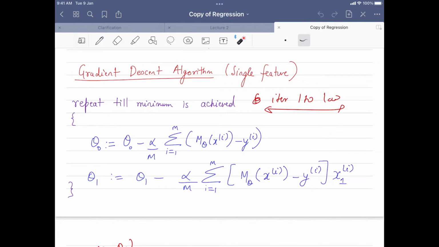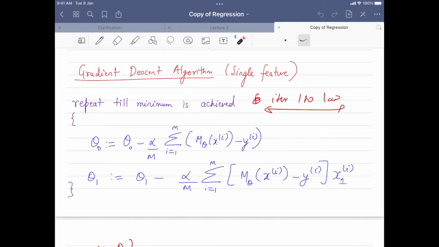Yes, so as the training sample increases, you can realize yourself that it will take a large time to do the summations. Because you have to sum them up by multiplying the model estimate subtracted by the actual label times the feature.